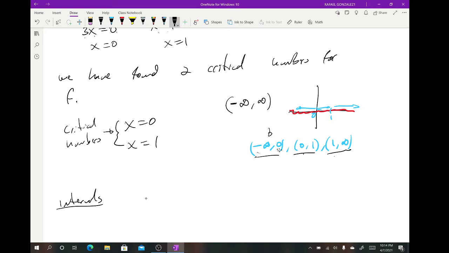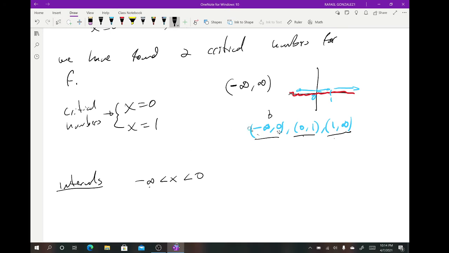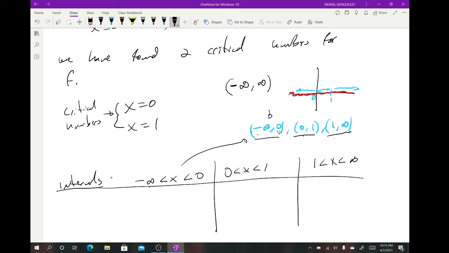So x has to be bigger than minus infinity and less than 0 if x is to be on this interval. We're also dealing with the interval 0 to 1, so x has to be between 0 and 1. And finally, x has to be bigger than 1 but less than infinity. So these are the three intervals in question.